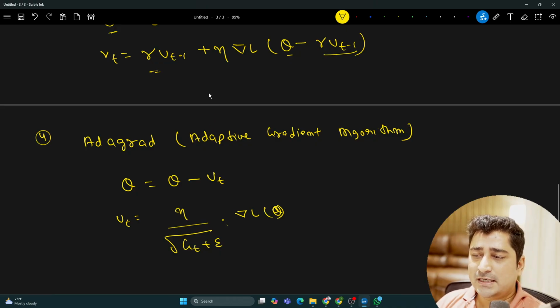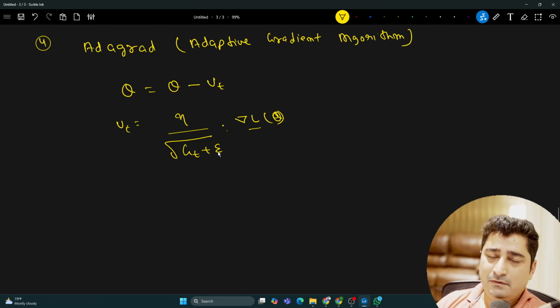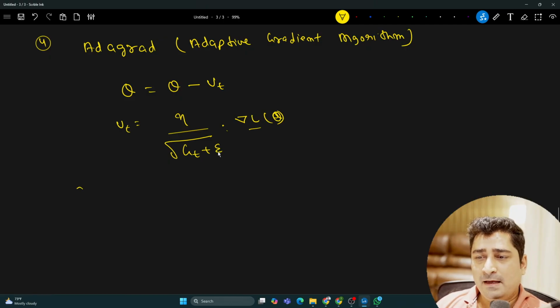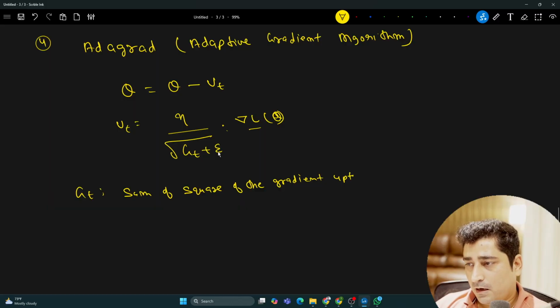So what is this Gt and what is this epsilon that has been introduced? Eta we know is the learning rate, and the partial derivative of loss is with respect to weight and biases. So what is this Gt, by the way? Gt over here is nothing but the sum of the squares of the gradient up to timestamp t.